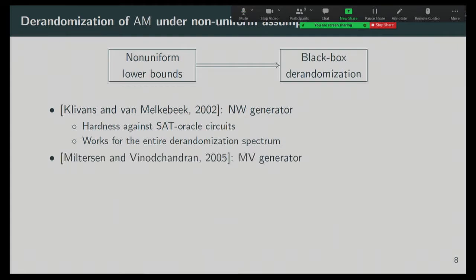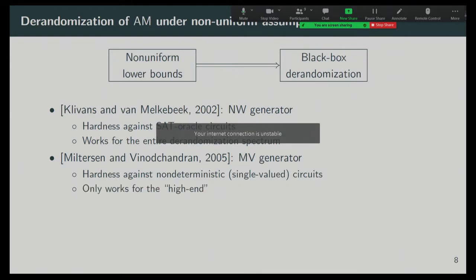A little later, Miltersen and Vinodchandran developed what I'll call the MV generator. This time, you only need to assume hardness against non-deterministic, more specifically single-valued circuits. But it has a drawback that it only works for the high end.